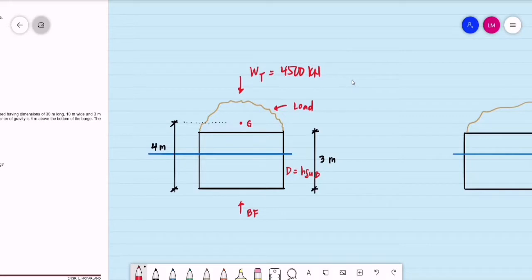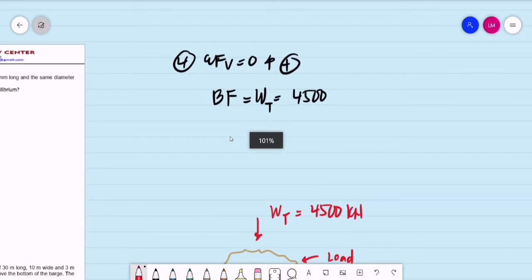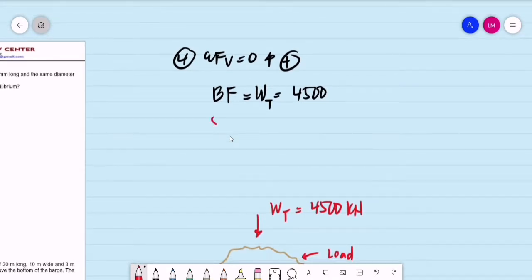So, how do we compute the buoyant force? That is the gamma liquid times the volume submerged. So, let us assume the height submerged is D. So, substitution, this is the gamma liquid, then volume submerged is equal to 4,500 kilonewtons.